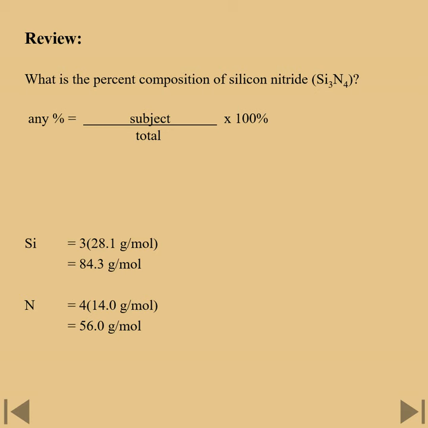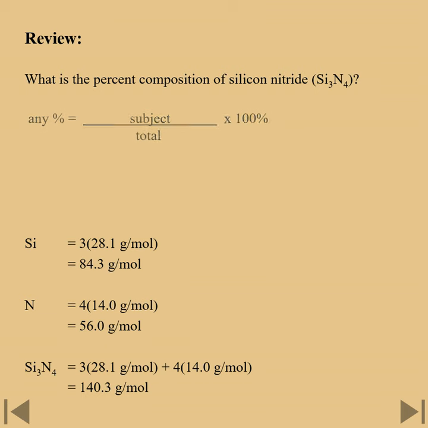Let me go ahead and add these together. So 3 times the silicon's molar mass plus 4 times the nitrogen's molar mass for my total molar mass. Of course, we could have just taken the 84.3 and added the 56.0. But now we have the 3 numbers we need.